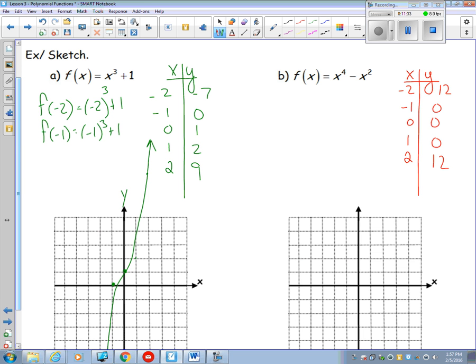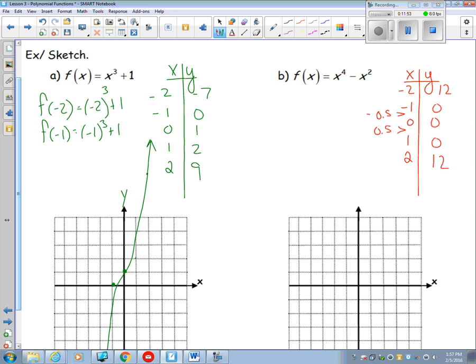Maybe I should figure out what's happening between these zeros. So let's pick a number in between. Negative 0.5. And how about we do this one down here? Positive 0.5. If I use those values, I might get an idea what's going on between all those zeros, because that seemed kind of strange to me. So let's try it.